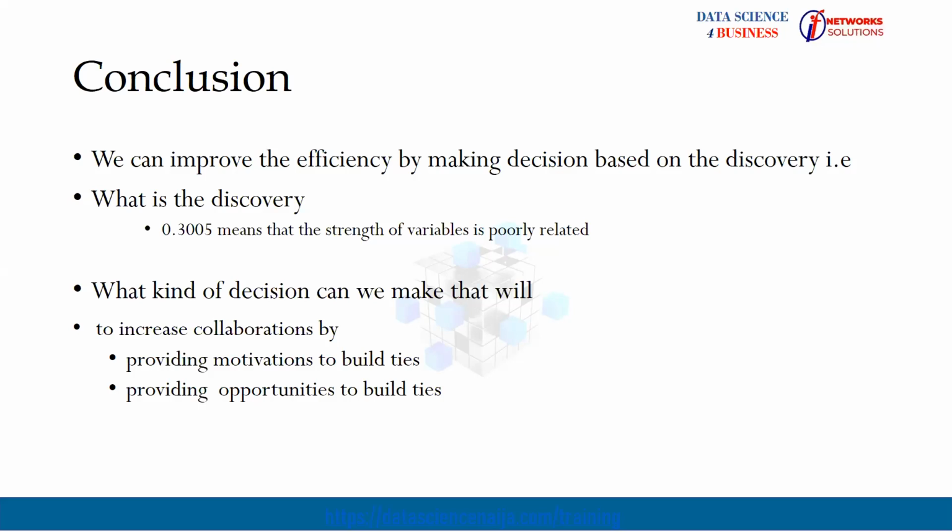We can use network range, network density, and so many other tools to investigate performance. So these are valuable things that we can use data science or data analytics to do, analysis that we can use to do in an organization, and of course, increase productivity or efficiency as the case may be.